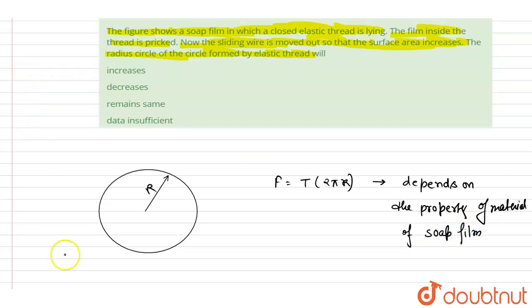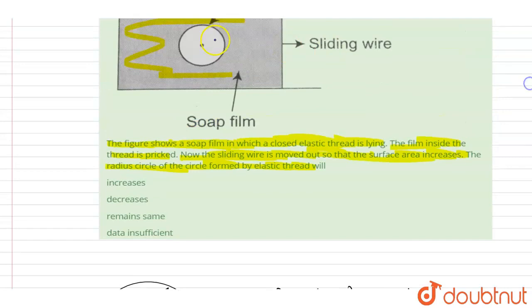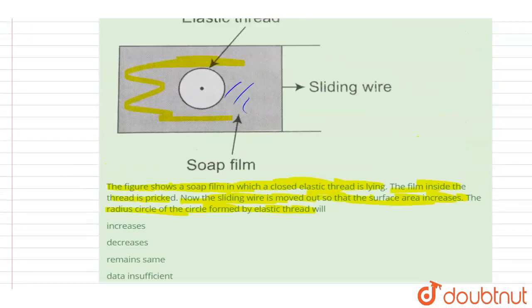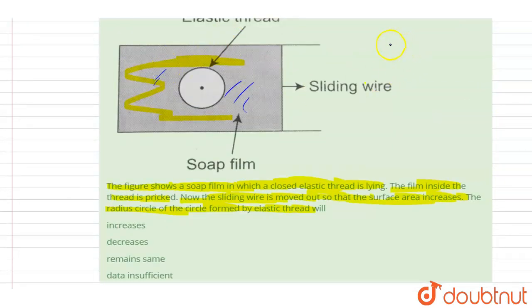So basically, this will not change unless you change the material. Unless the material of this film changes, T will not change. T is the surface tension constant, fixed for a material.